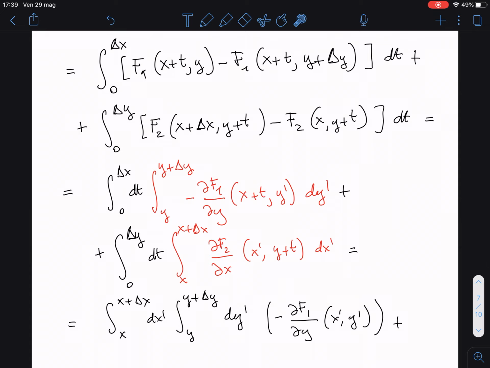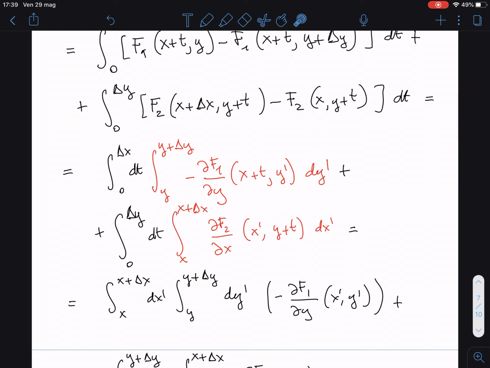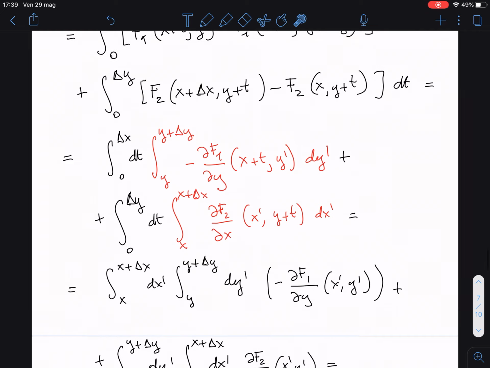And at the end what I do is just a change of variable, okay? I want to use not the variable from 0 to delta x or from 0 to delta y, but just a variable from x to x plus delta x and from y to y plus delta y. It is just a matter of choice, if you want some aesthetic, but it helps us to go towards the result.